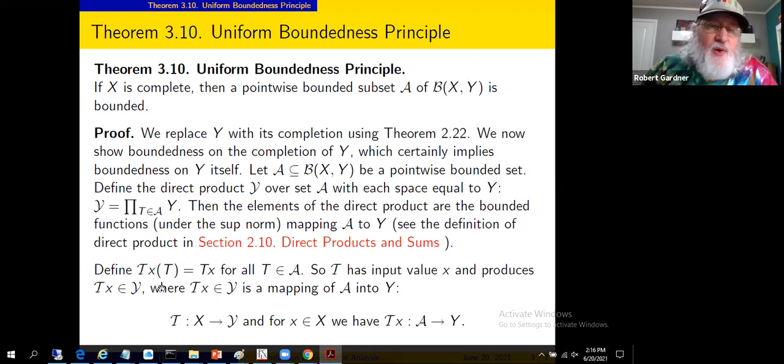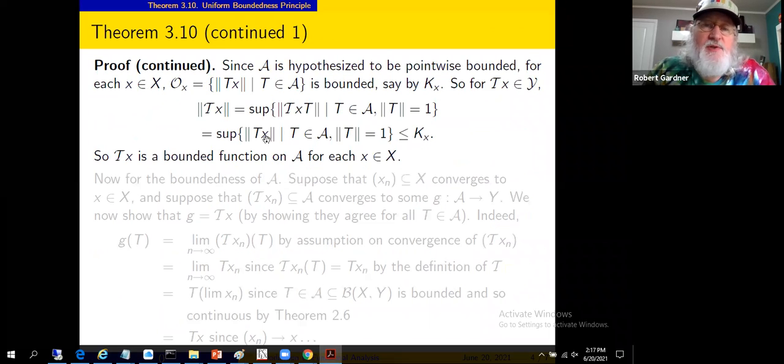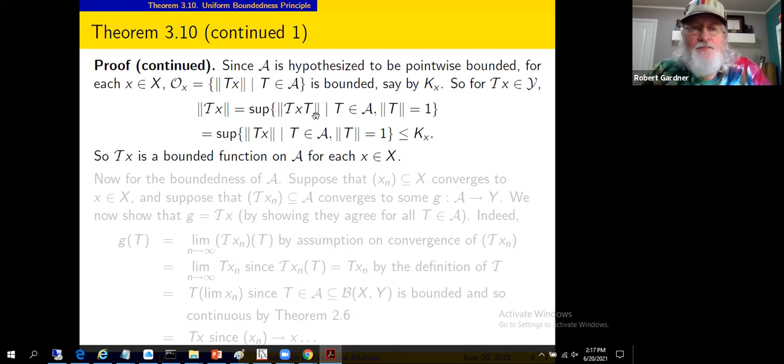The parentheses, when I've applied a function to something, I'm using possibly a bit inconsistently. The calligraphy T is also acting on x to produce something. I could view this as a composition of functions if you like. But we did have calligraphy T of x acts on T to produce T of x. Back to where we were, next page. That's the substitution we've made here. The only difference is I don't have parentheses around the capital T.